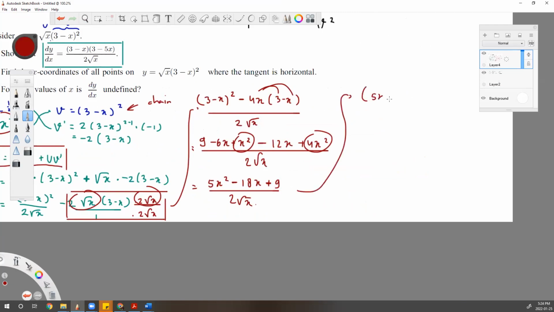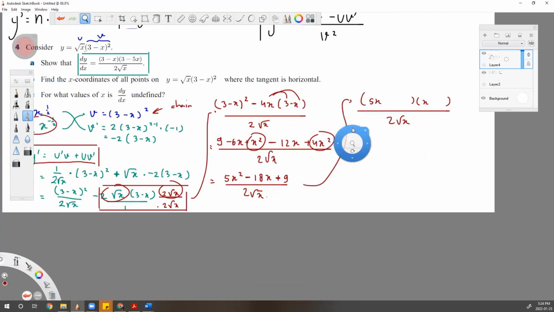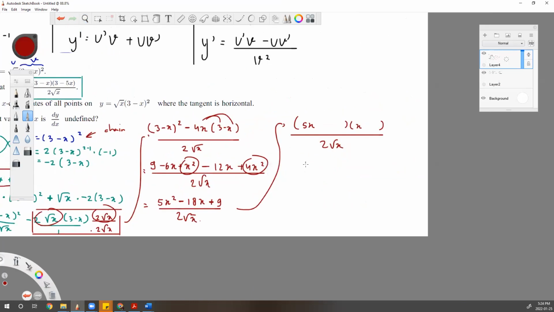So this is 5x and this is x. Put 2 square root x. And then what else? What times what equals 9? Oh, 3. Right? Can you do this? Factorization from 5x squared minus 18x plus 9 becomes this part.